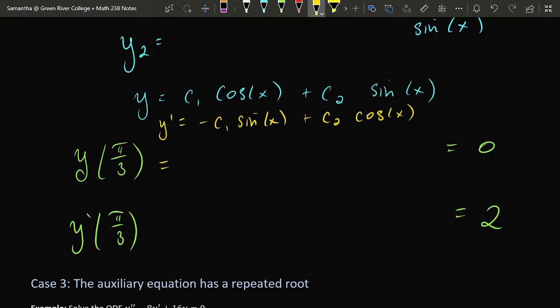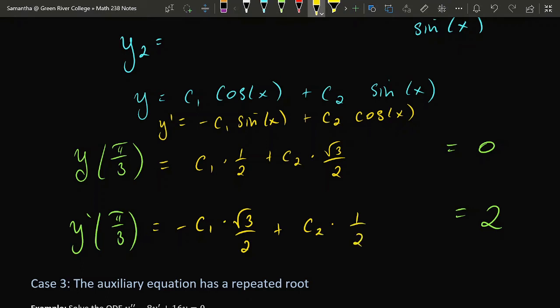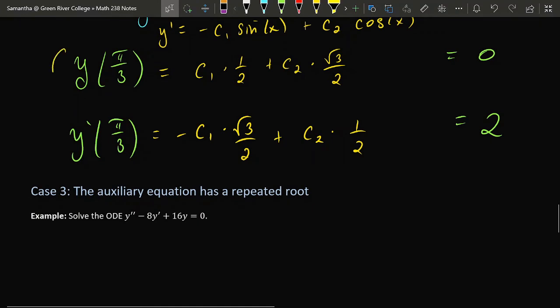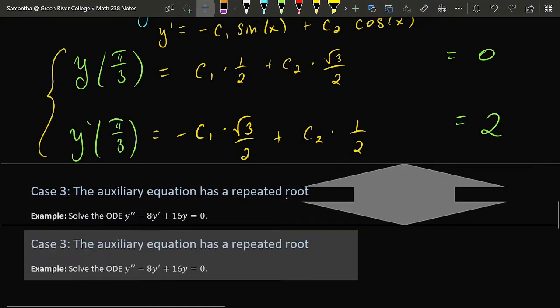Now if I plug pi over 3 into the original function, then I get c1 times 1/2 plus c2 times root 3 over 2. And if I plug pi over 3 into the derivative, then I get negative c1 times root 3 over 2 plus c2 times 1/2. And this is the system that I need to solve for c1 and c2.